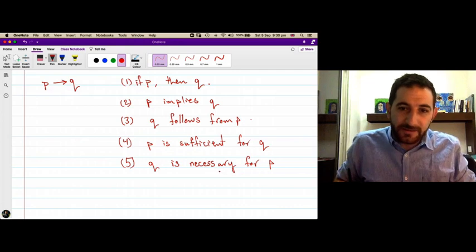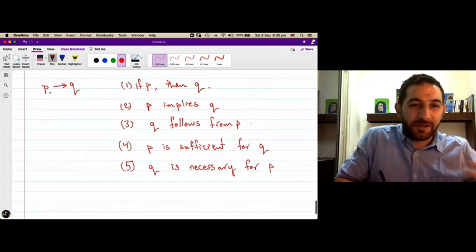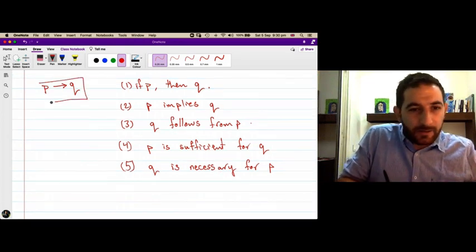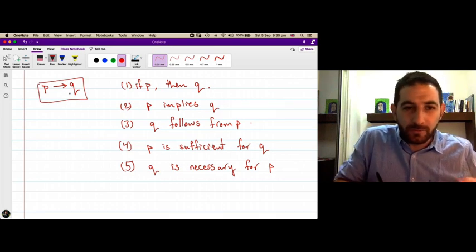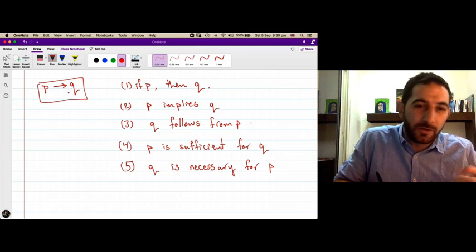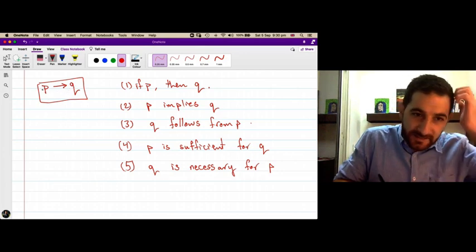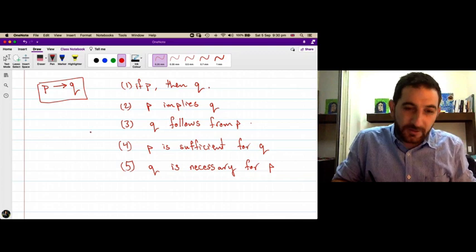Now let's have examples. So when you see this, you can read it in any way you want. You can say if P then Q, or Q follows from P, or P is sufficient for Q, or Q is necessary for P, and so on.